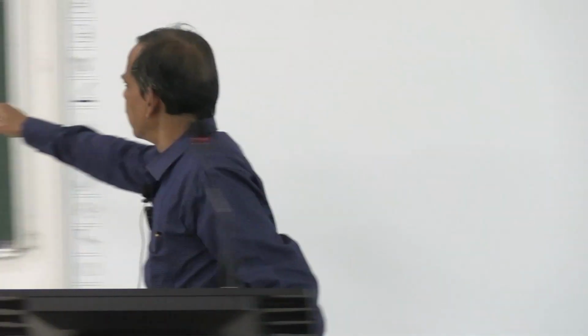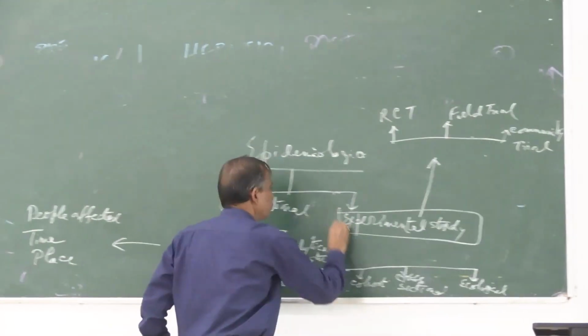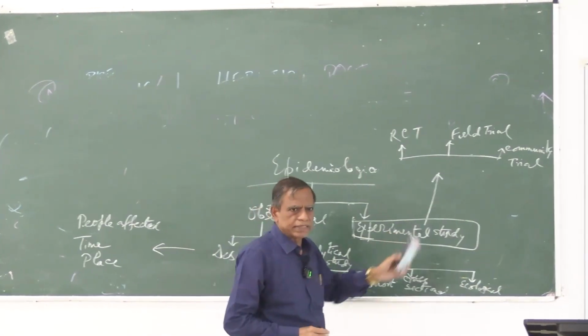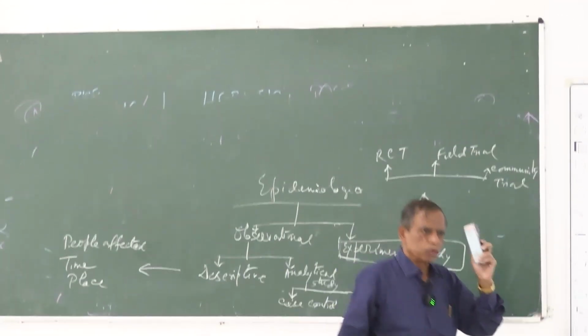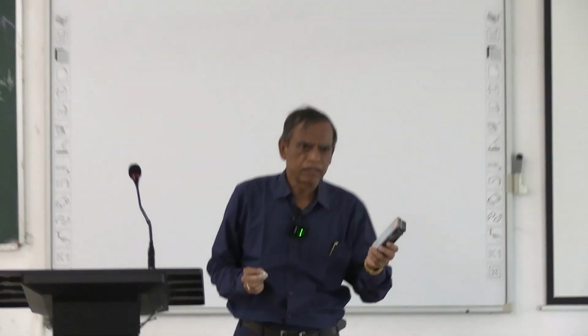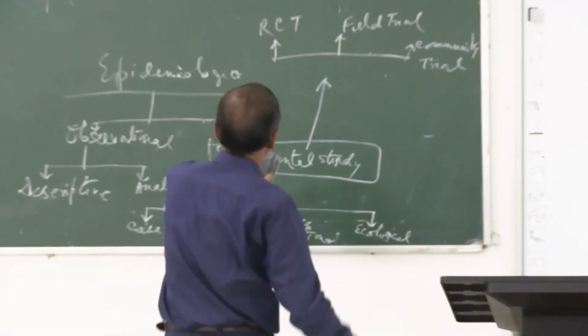So after that we will compare. In case of experimental study we do intervention. Another name of experimental study is intervention study. That means you are deliberately giving a newer drug to one group, your experimental group, and in another group you are not giving any type of drug.